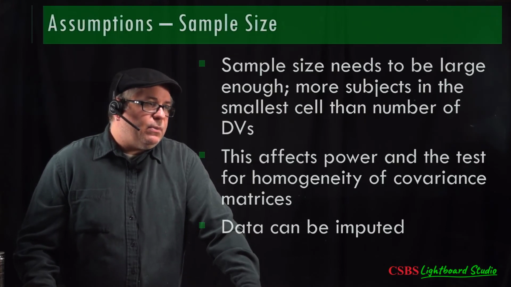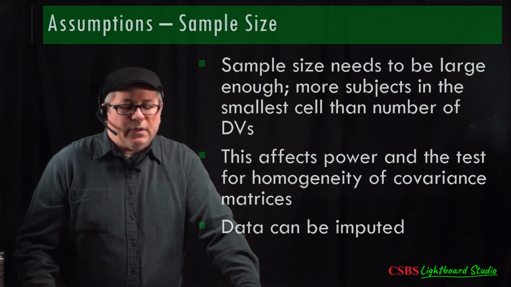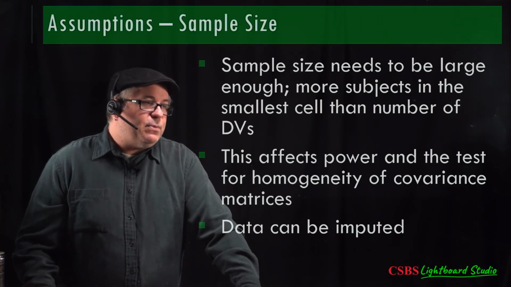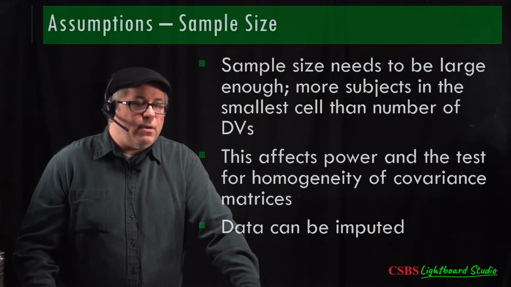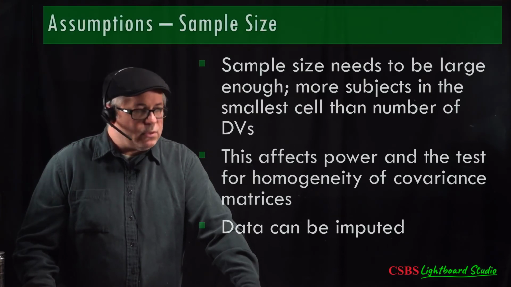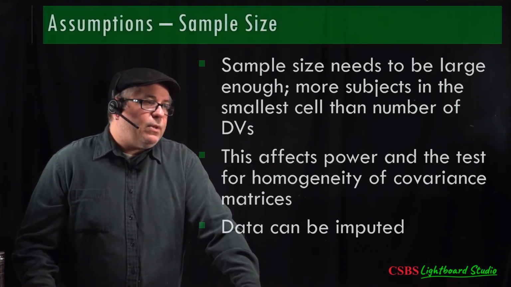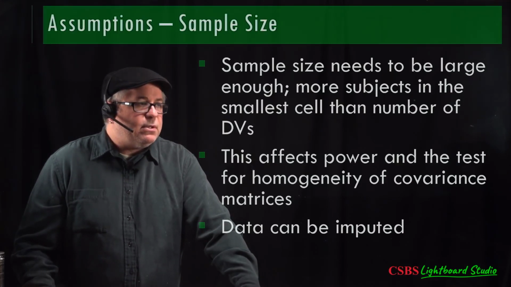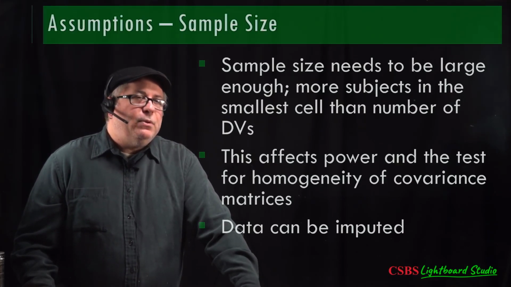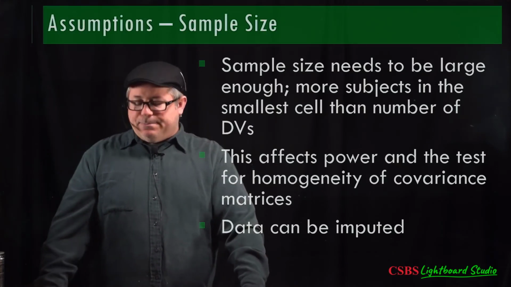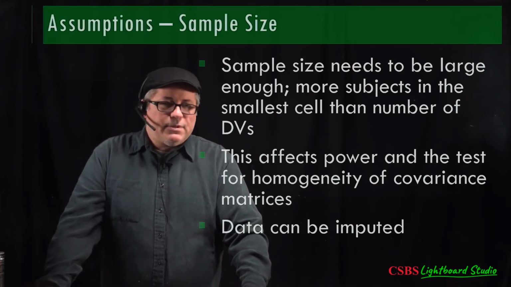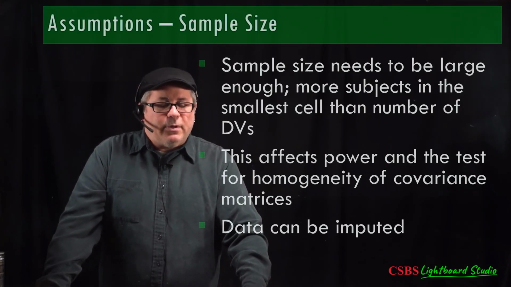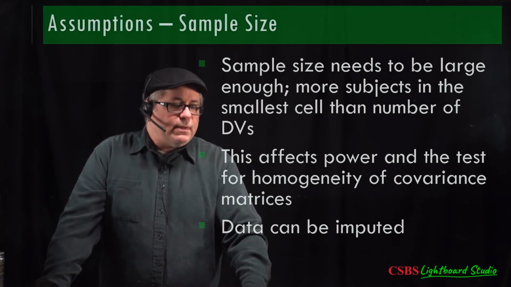And make sure that here the data can be imputed, because you have more scores coming from each individual person. The chance of them missing a score or scores is higher. Instead of throwing that person out completely and doing a complete cases analysis, it's now a good time to utilize the missing value analysis in SPSS, for instance, do multiple imputation, and retain as many people as you can using those methods.